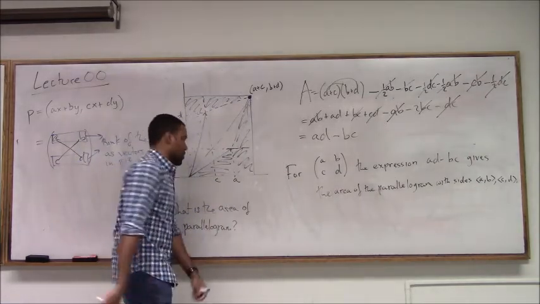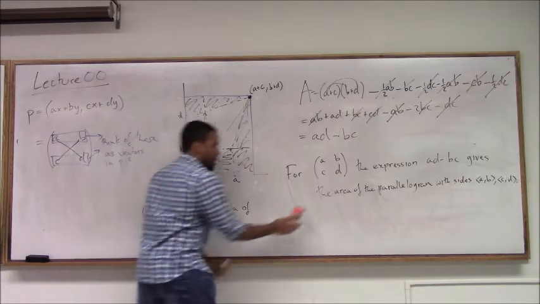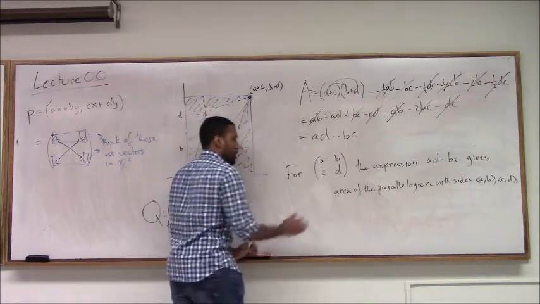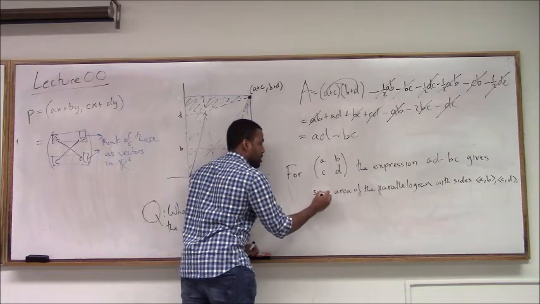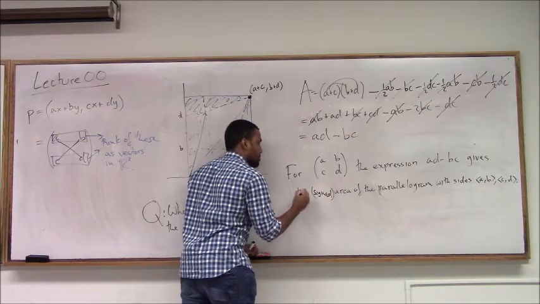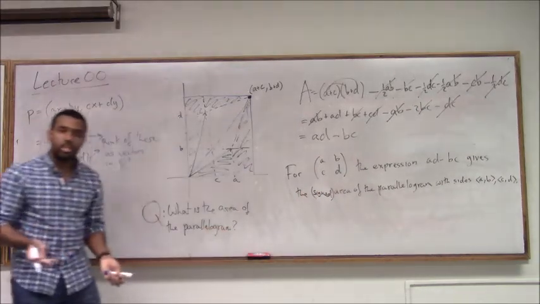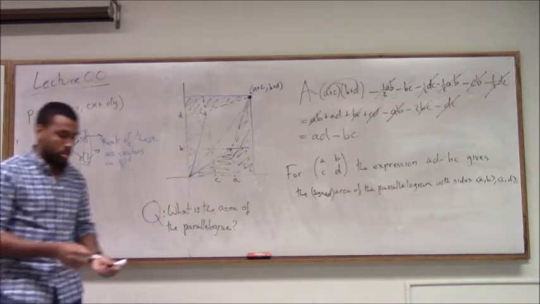So we can change this a little bit and call it the signed area, because it might give me a negative answer depending on the orientation of the vectors.